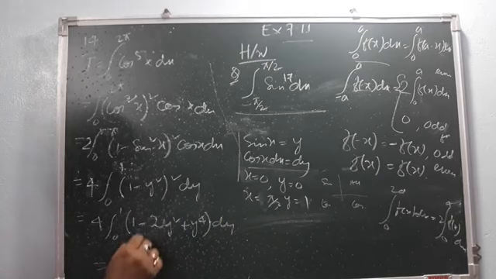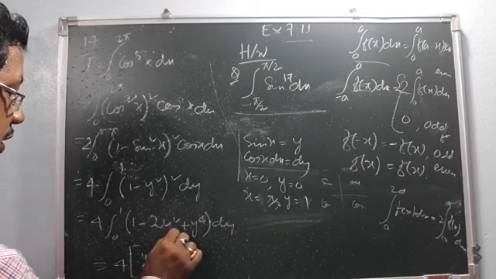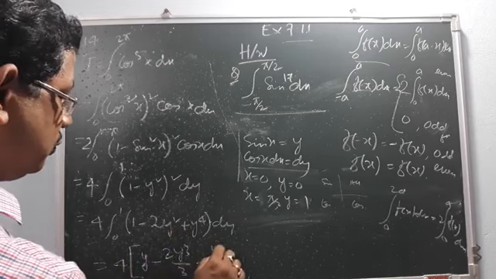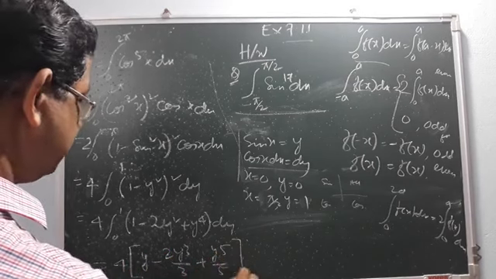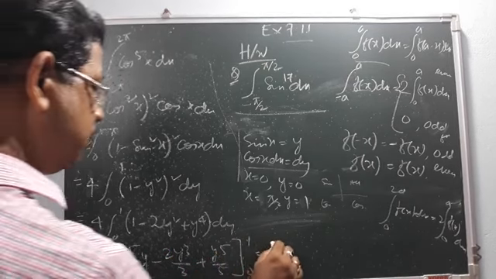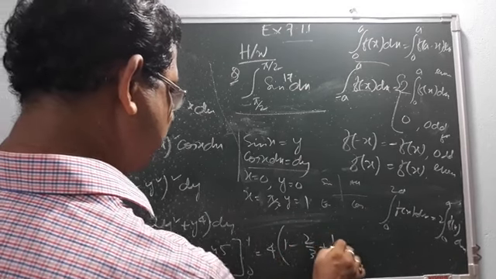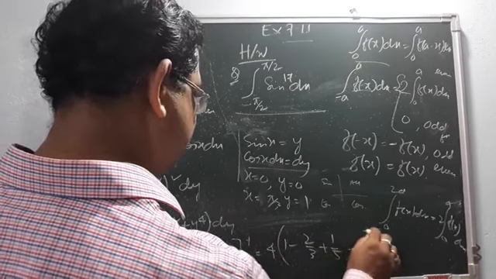Now integration of 1 is y, integration of 2y square is 2y cube by 3, and y to the power 4 gives y to the power 5 by 5, from 0 to 1. If we put in the limits, it will be 1 minus 2 by 3 plus 1 by 5 minus 0.